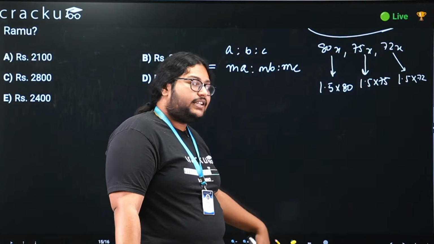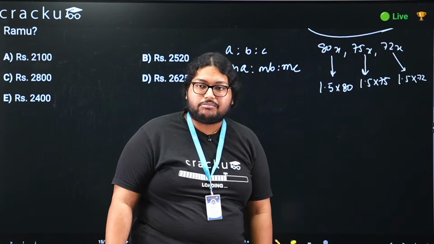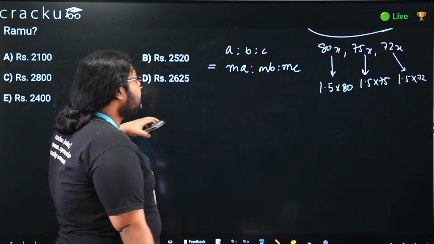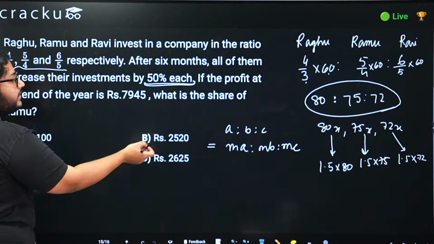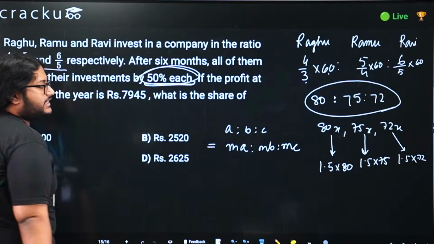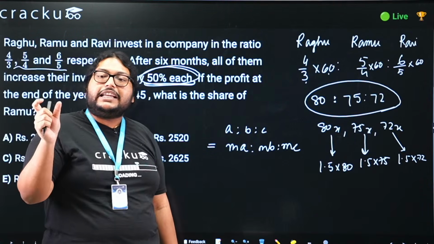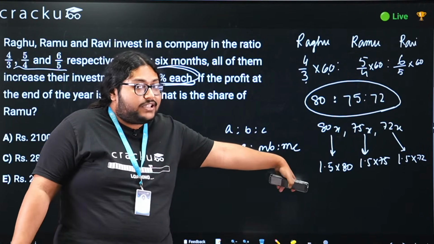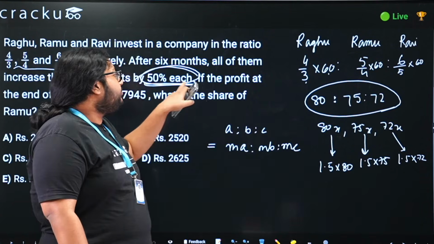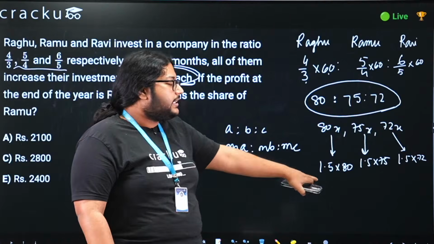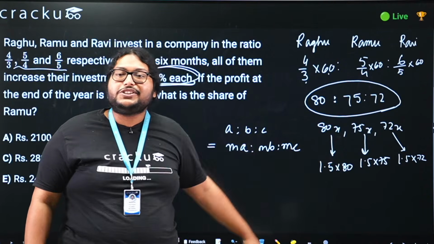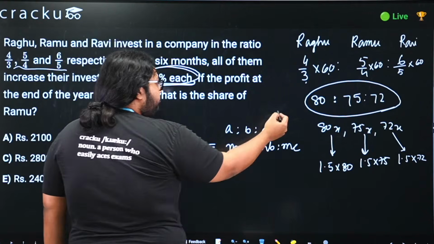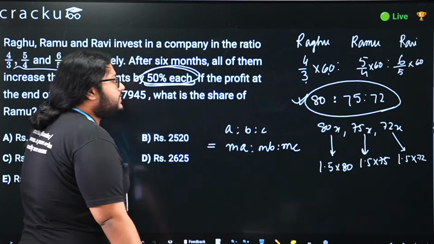The crux is that the ratio still remains the same because the same 1.5 is multiplied. This happens because they have shown the increase as a percentage. If they had said the increase is 500 rupees extra or something, the ratio would not hold. But because they've put it in percentages, we're basically multiplying, so the ratio is still holding. So we can say the final ratio is also this.